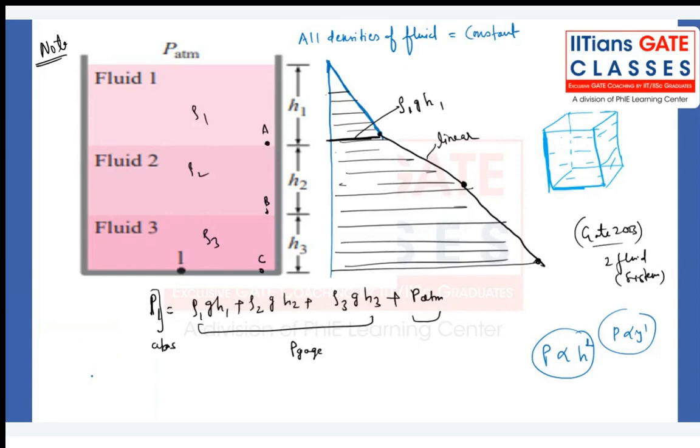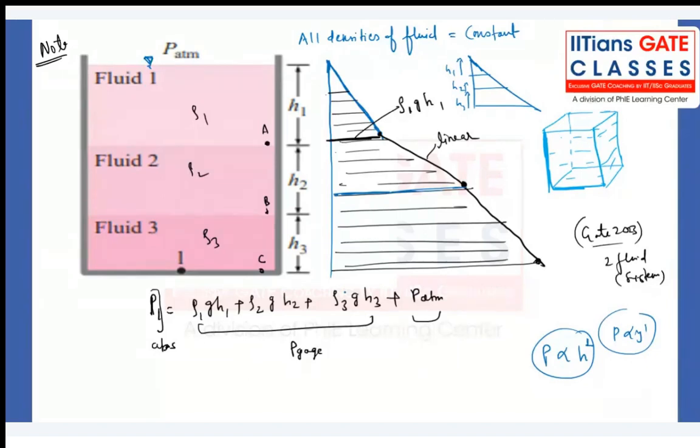Guys, it can be like this also, throughout the height h1, h2, h3. But the slope of this particular line can be different also. That depends on the value. The free surface symbol is like a triangle, something like this.